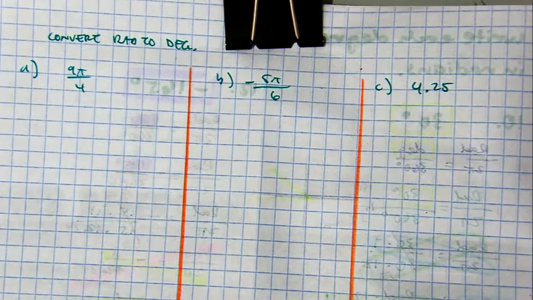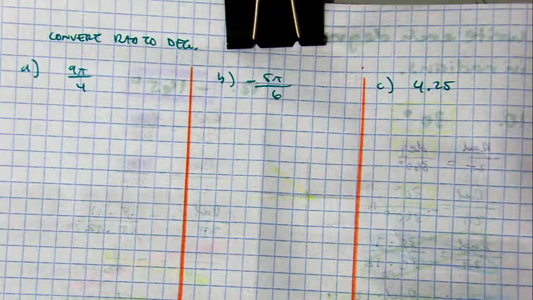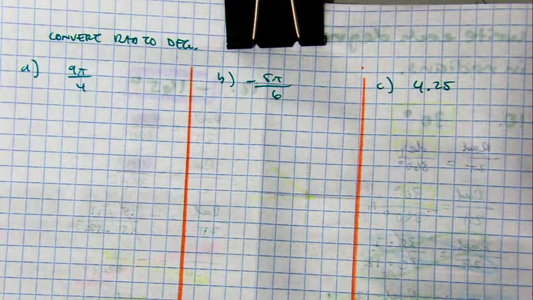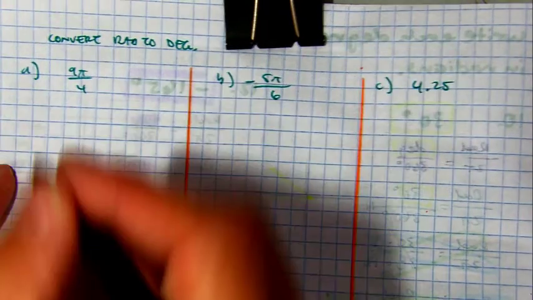Partner B, tell partner A the awesome proportion. Maurice, what is our awesome proportion?